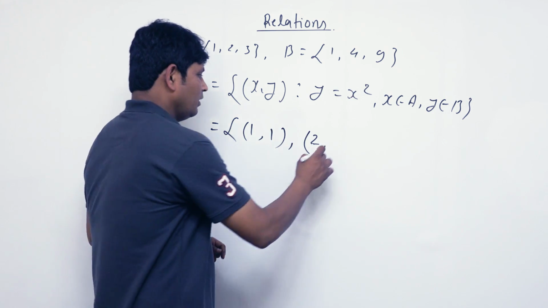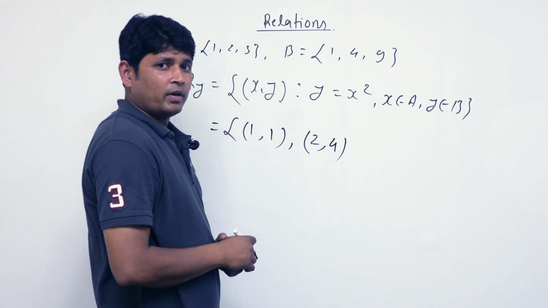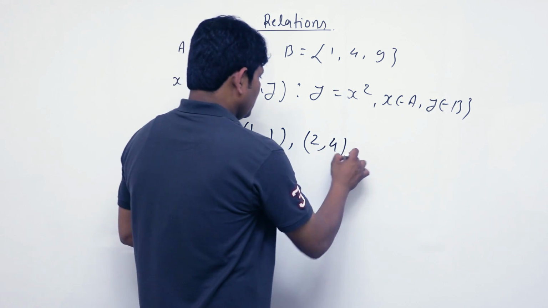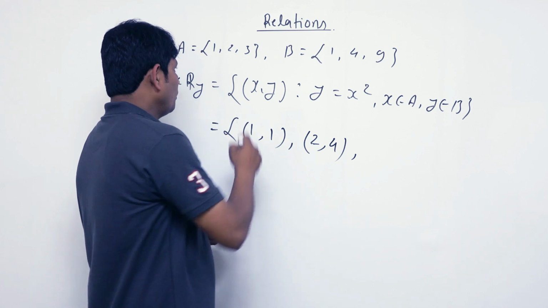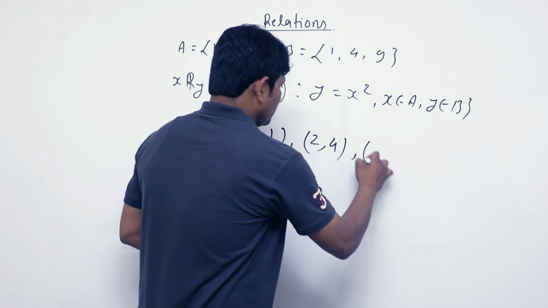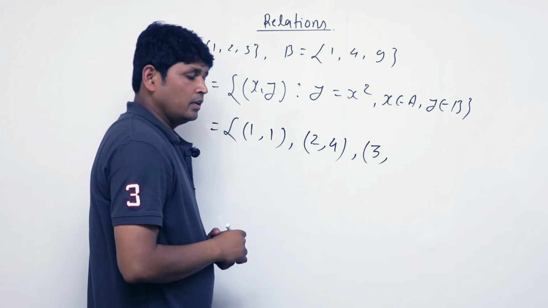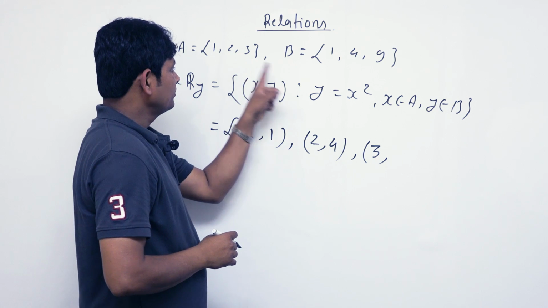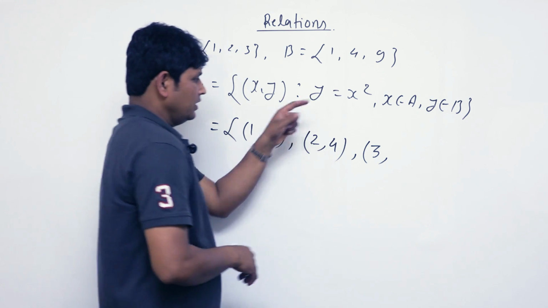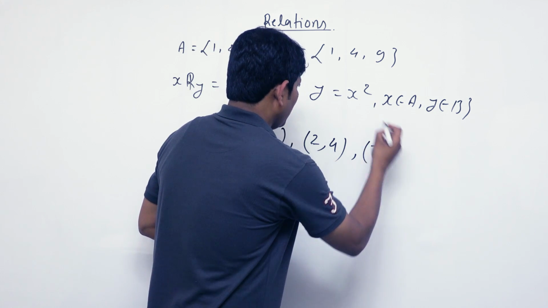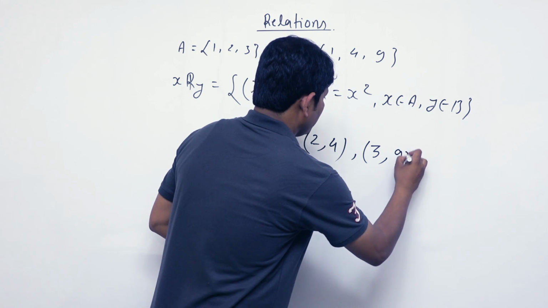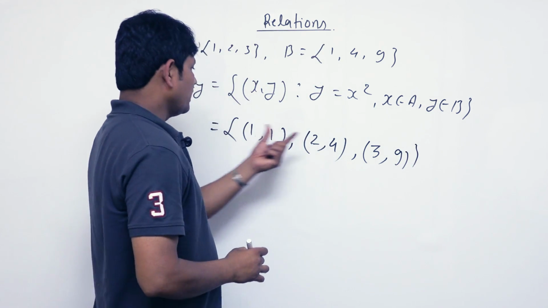So Y will be 4. This way we can find the relation. What is the other element? 3. If you put 3 here, what will result? Yes, you know that. That becomes 9. So this is the relation.